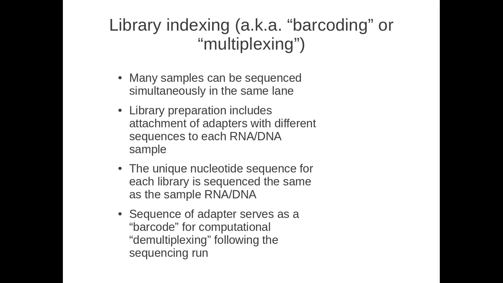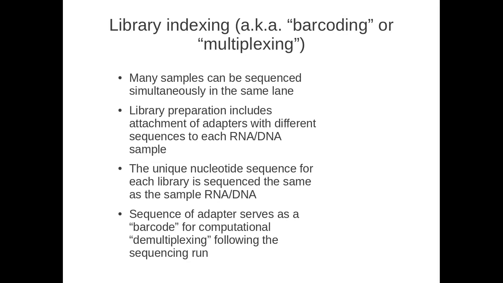So what we typically do is we take a sample, let's say it's an individual RNA-seq sample from a particular cell type, and we can multiplex by building one library for the RNA from one cell type. We can build a second library from a second cell type, but then we can combine those two libraries onto the same lane.